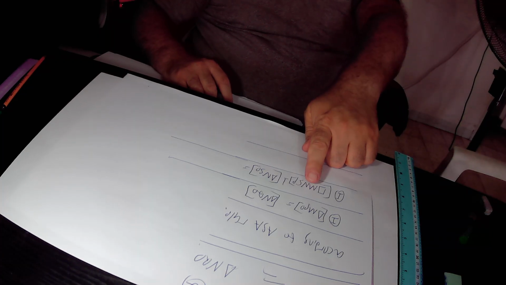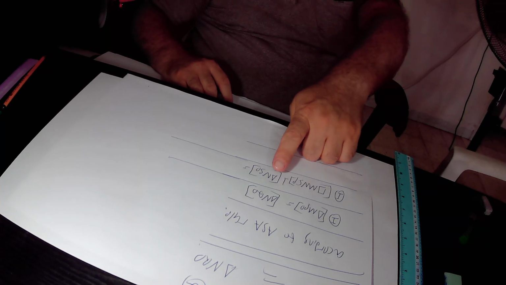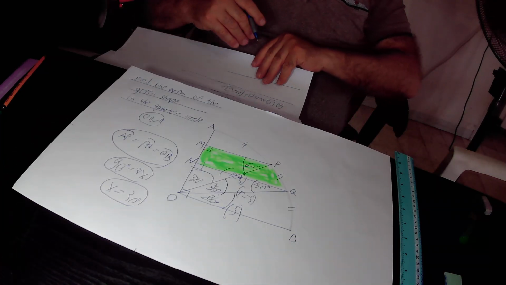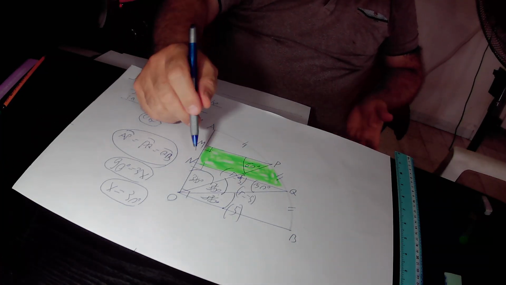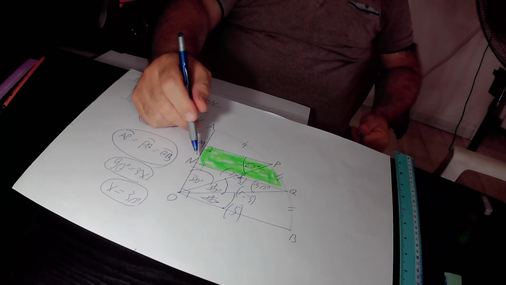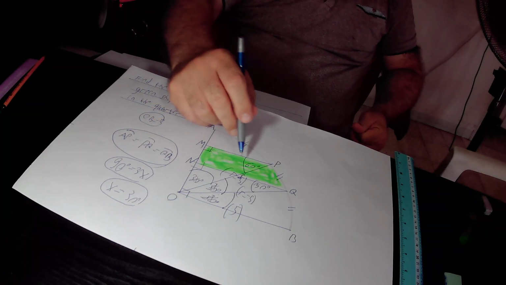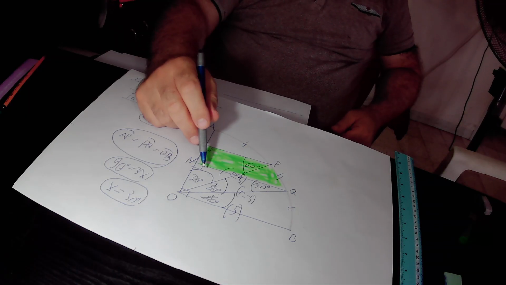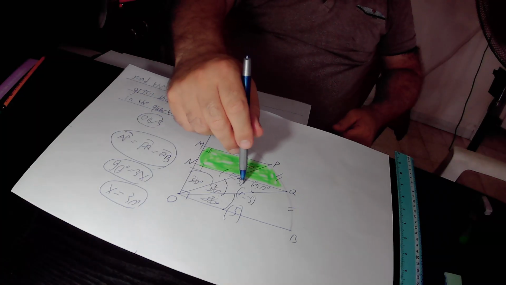And according to equation 1, the area of triangle MPO is equal to the area of triangle NQO. So this is the right triangle NQO. It is very easy to see from the drawing that this right triangle NQO consists of two small triangles. It consists of this small right triangle NSO, and it also consists of this triangle SQO.